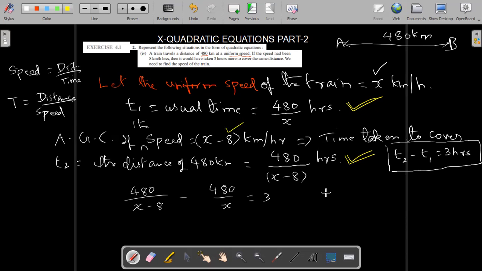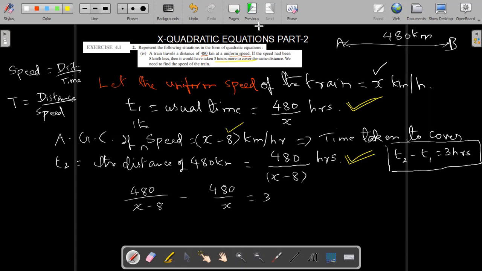Whichever is bigger, the difference is given in the question: it will take 3 hours more. That means the difference of these two times is equal to 3. That's it. Now this is our final equation.